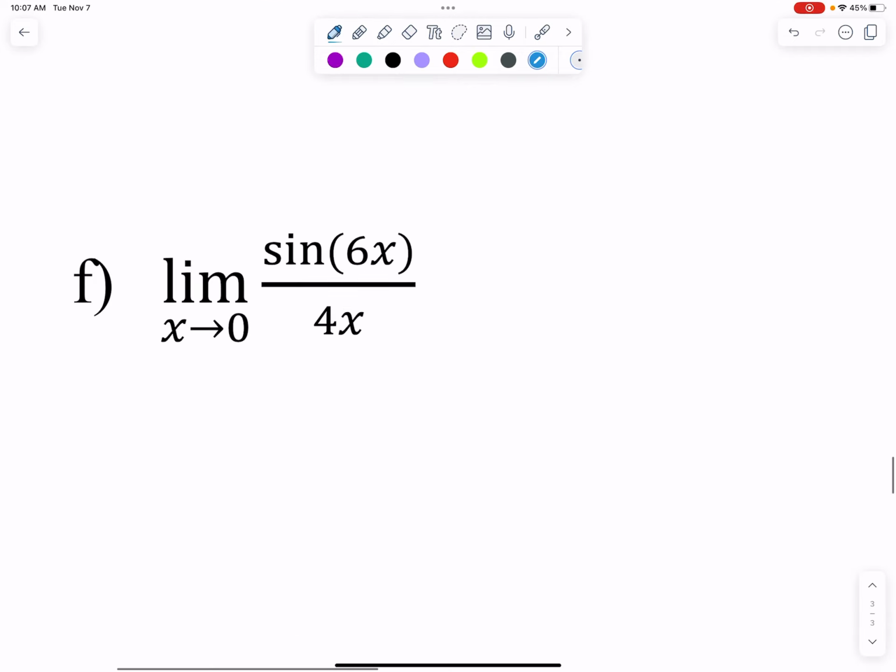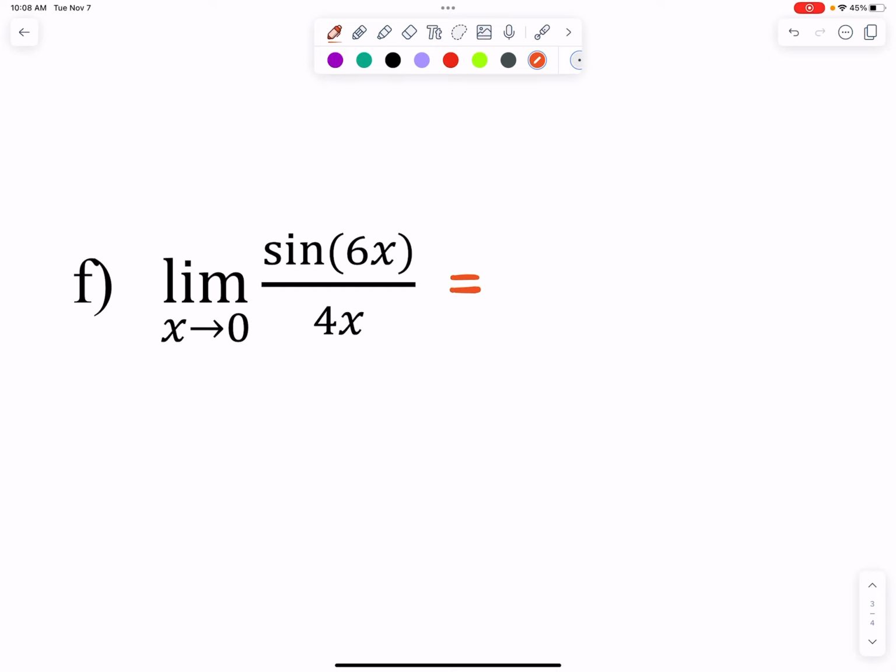Okay, this is one where L'Hopital is definitely helpful for a limit like this. This is a limit where before you had to recognize this special trig limit as x approaches 0 of sine of x over x being 1. And then kind of the different forms of that, and you kind of had to memorize that special limit.